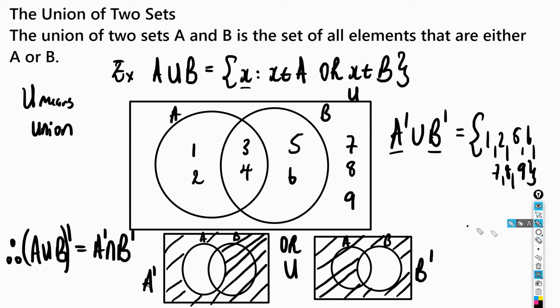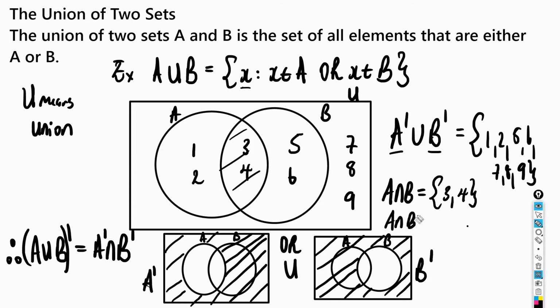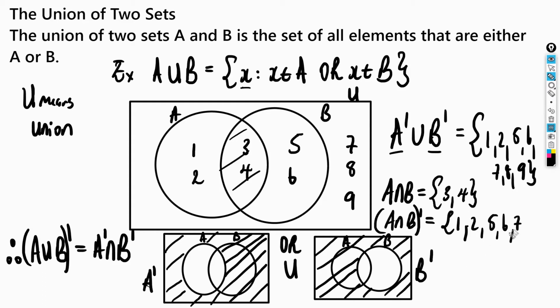All right, guys. So also, if we remember the definition of what an intersection is, which is A intersect B, we know that A intersect B is just equal to this region here, 3 and 4, right? So the complement of A intersect B would be equal to everything outside of 3 and 4, which would be equal to 1, 2, 5, 6, 7, 8, and 9, right?